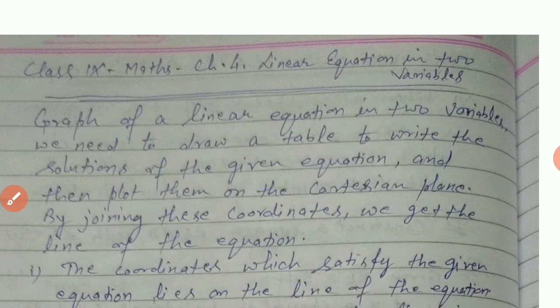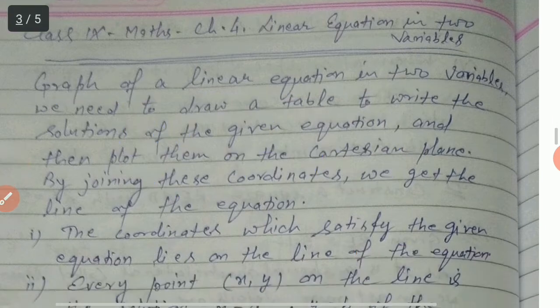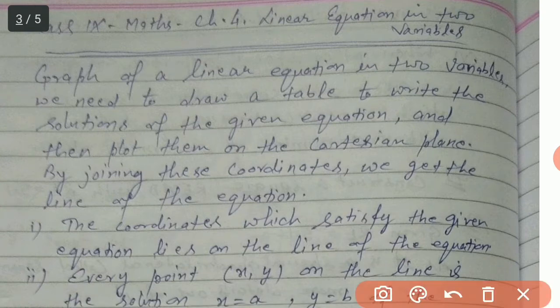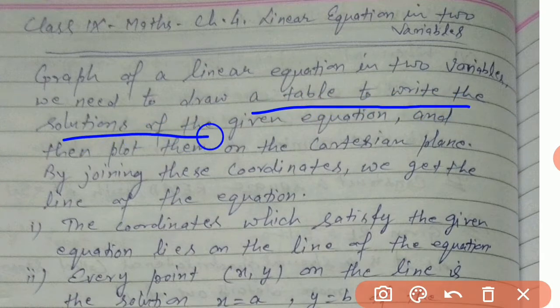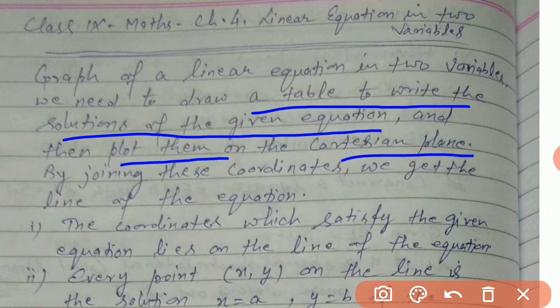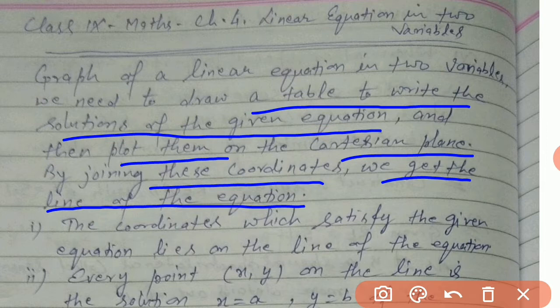So for the graph of linear equation in two variables, we need to draw a table to write the solutions of the given equation and then plot them on the Cartesian plane. By joining these coordinates, we get the line of the equation.